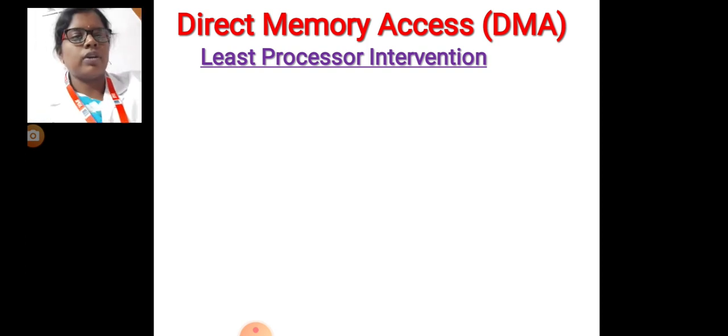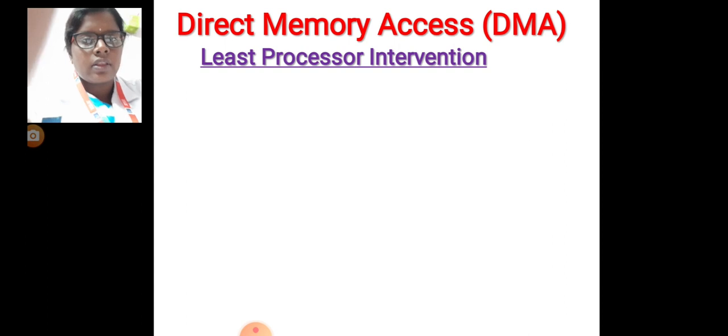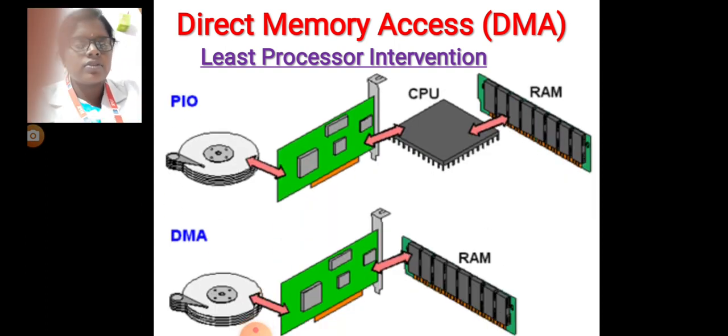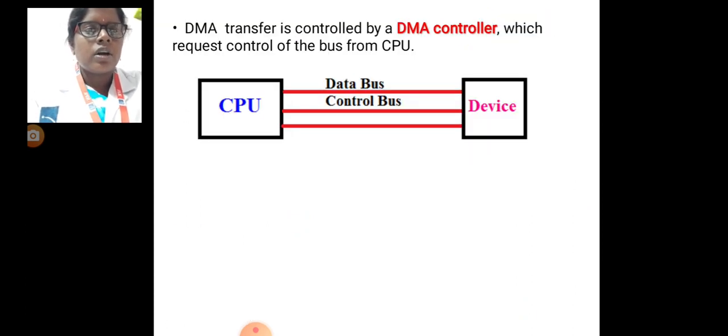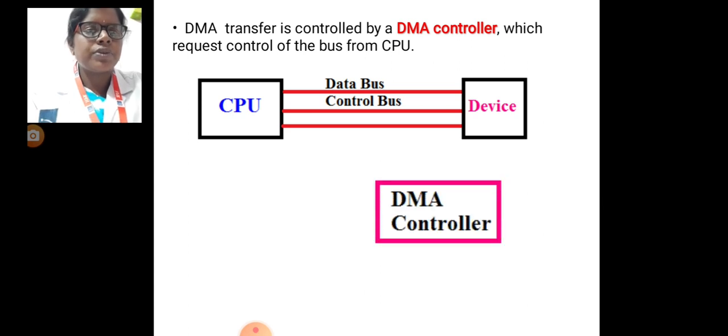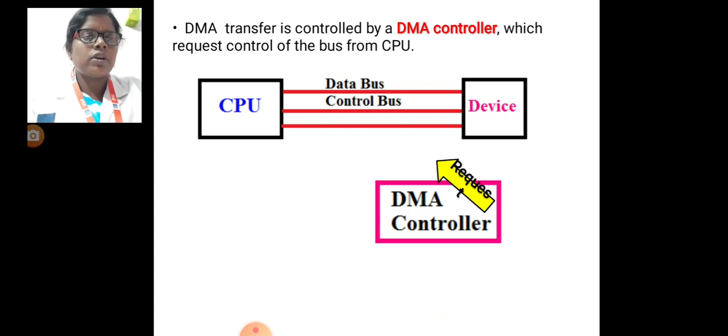The DMA controller. This is the process of DMA. DMA transfers are controlled by the DMA controller, which is required to take control of the bus from the CPU. The DMA controller connects the CPU and devices.